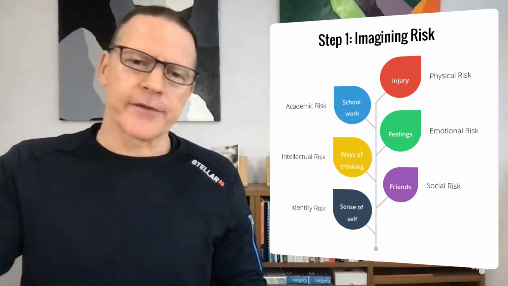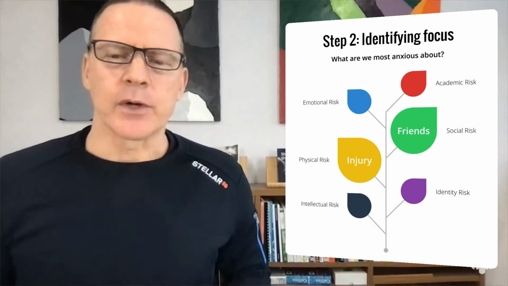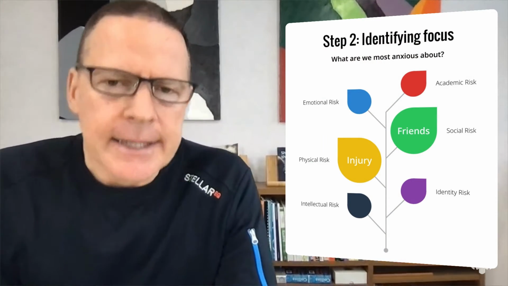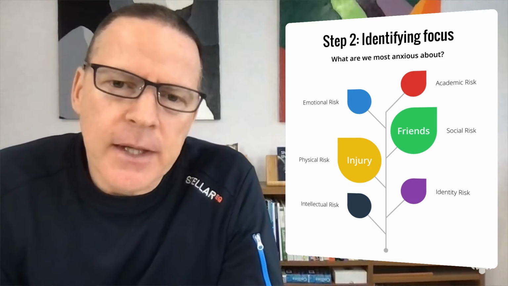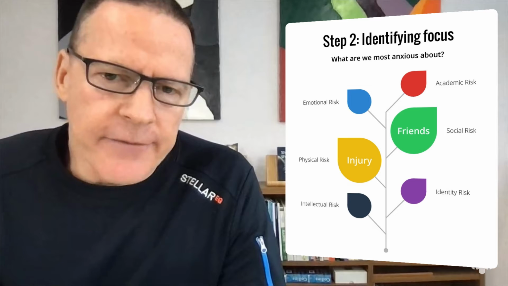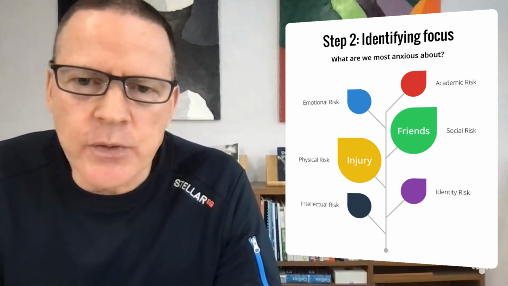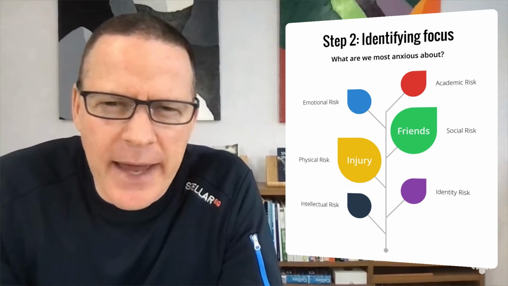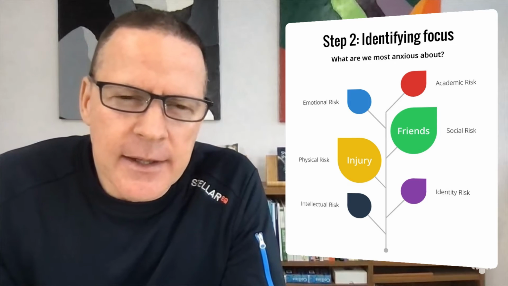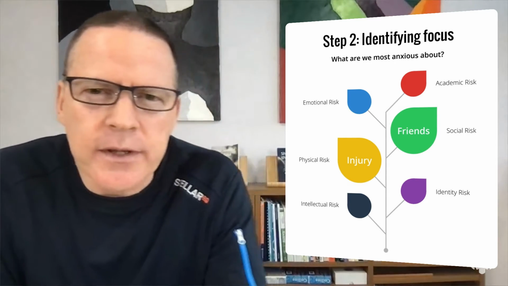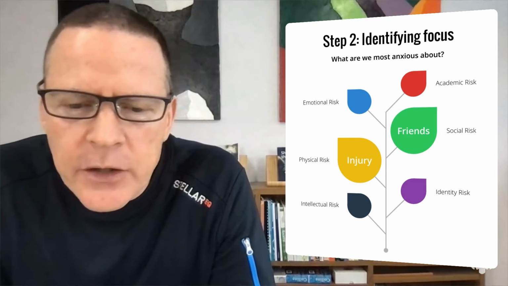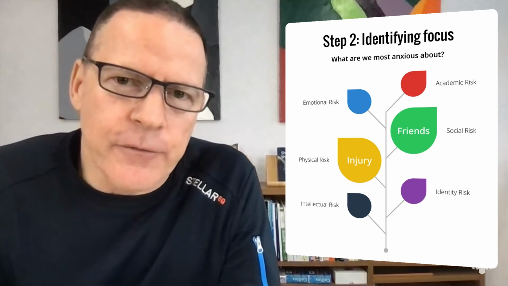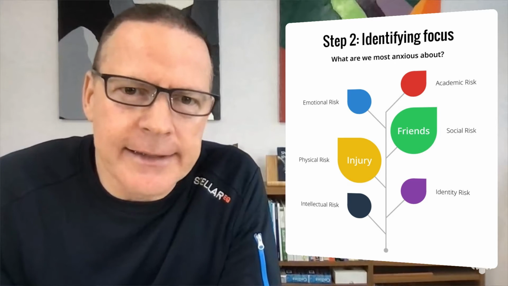So we'll have a look at all of these, and then once we do, we will look at a process of identifying which ones really matter. Like in this case, with the bigger leaves, we have the physical risk, injury, and social risk, friends, which is quite a common pattern you see with parents often being concerned with the physical risk, and picture your teenager wanting to go out to a party with a friend who was driving, right?